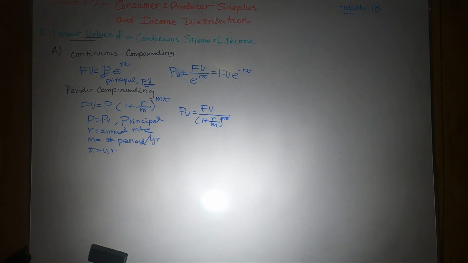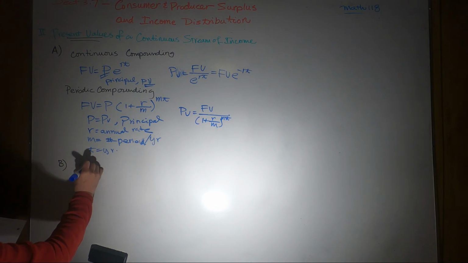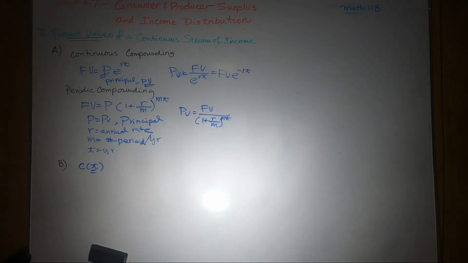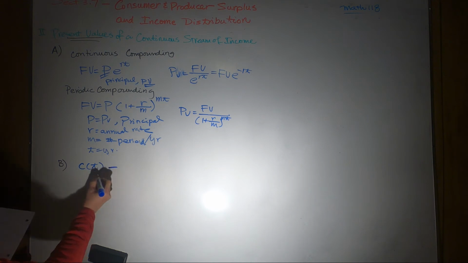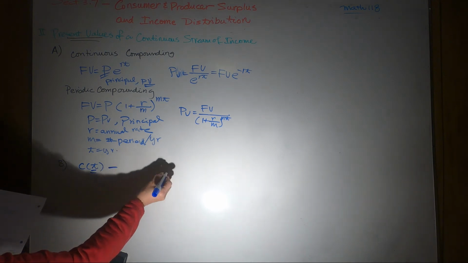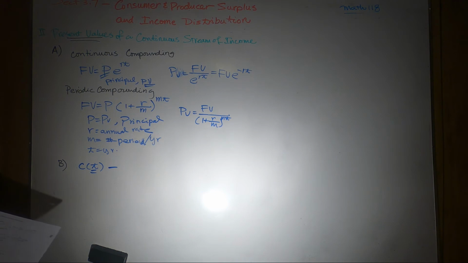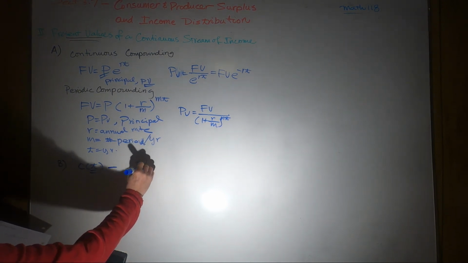Now we wanted to know, if your grandma puts $20,000 in for 20 years, how much is it worth as of today? That was the question, right? So for a continuous stream of income, C(t), according to the time, how much is the continuous stream of income, in dollars per year?